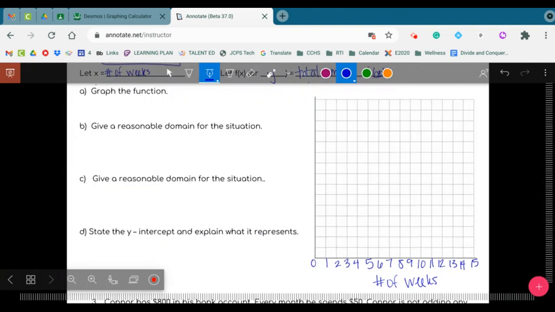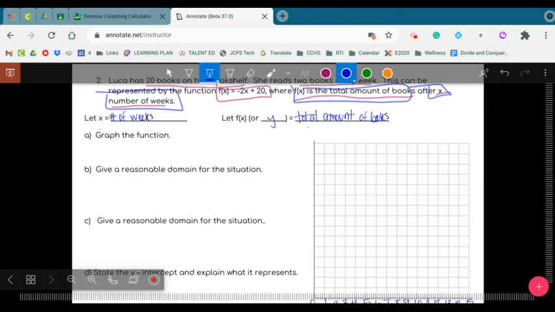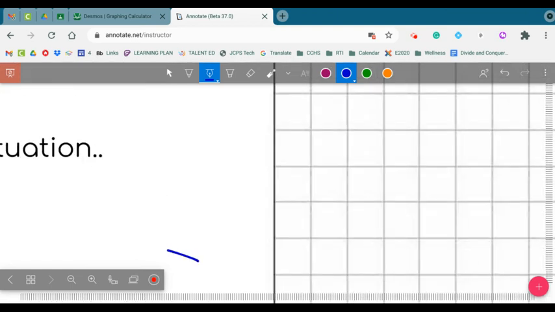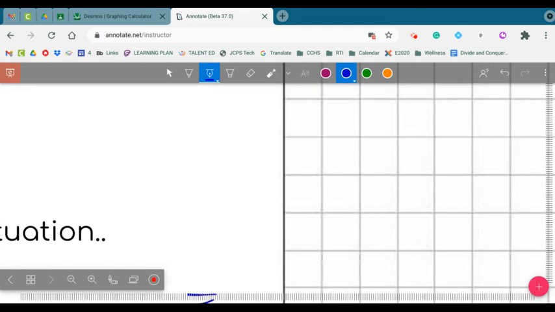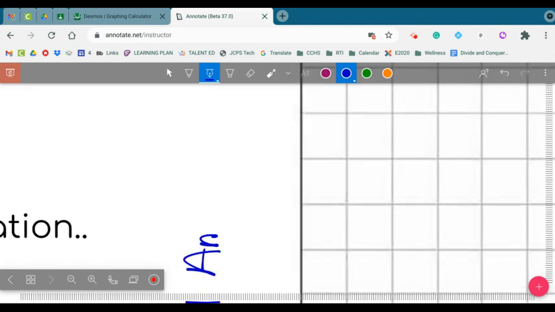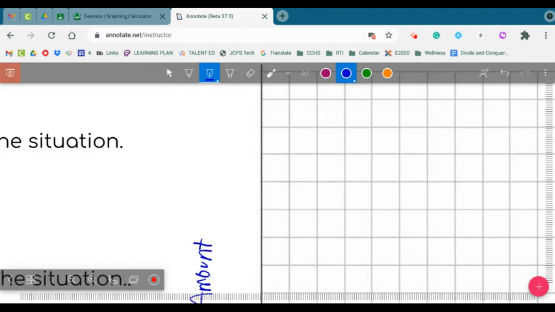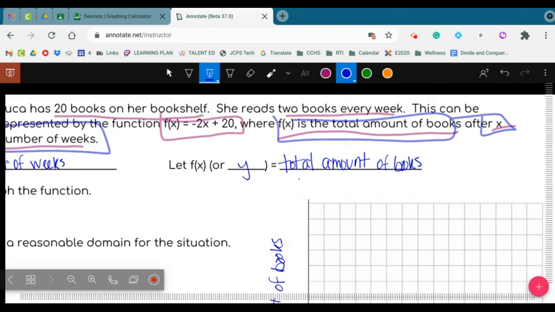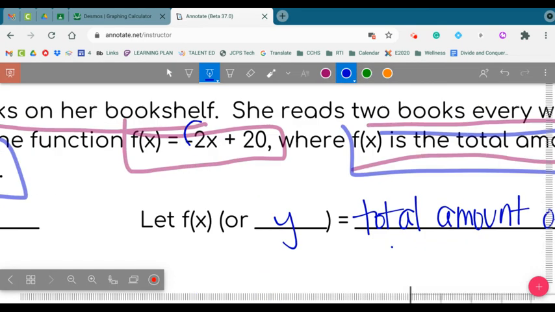Okay, and then our Y is our total amount of books. And you're like, Mrs. Gilbert, how do I know what to go up by on my Y-axis? We're going to always go up by our slope. So if you look at the equation, which they gave you, your slope is -2.